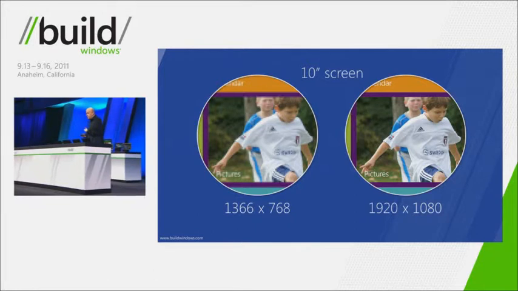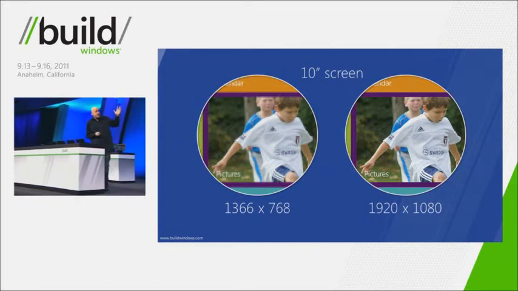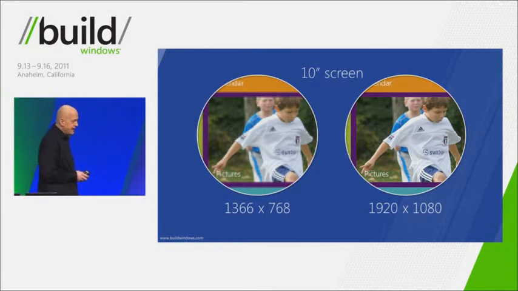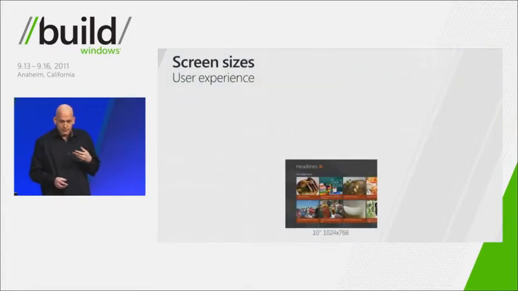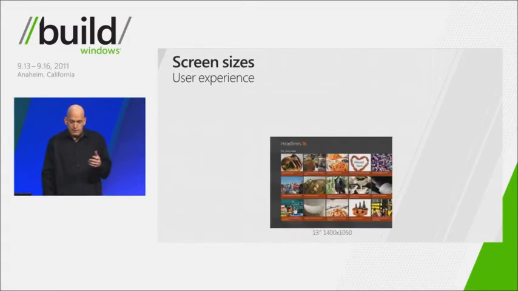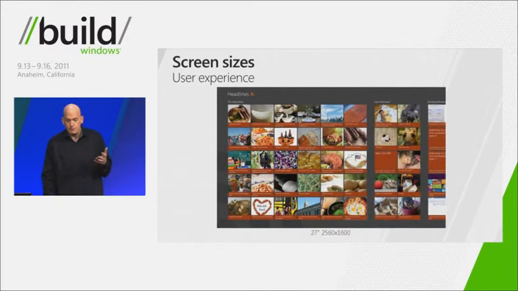Just looking at the difference between 16 by 9, 1366 by 768, and then an HD 1920 by 1080 screen, the text is so much sharper. It's so much more beautiful. And these are just going to become commonplace. So when you look at how you scale your app, and again, this is the Newsreader app, you look at the difference between it at 10 inches and how it scales up. This is the Samsung device you're going to be getting. And then we move through typical laptops all the way up to an all-in-one.